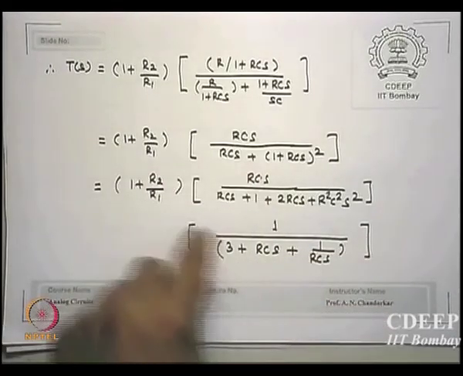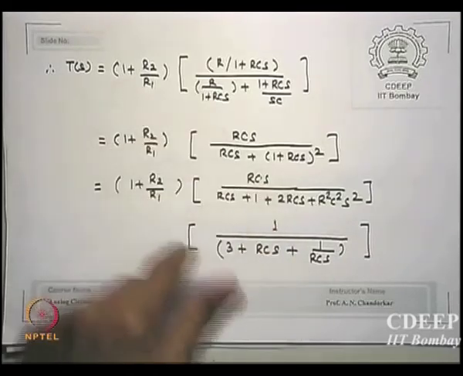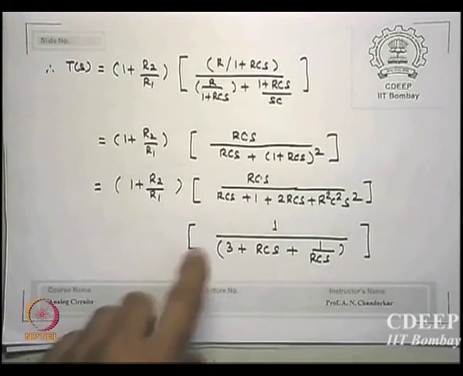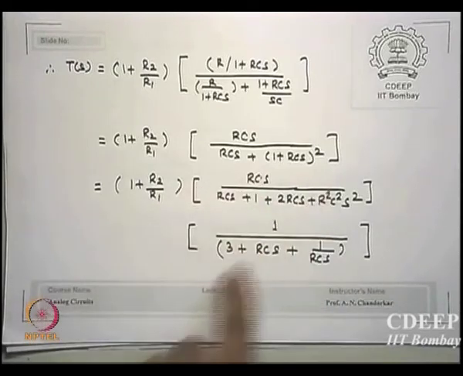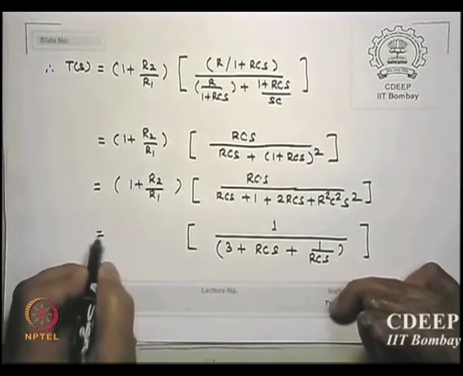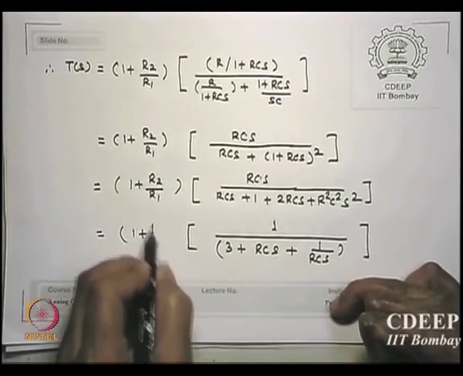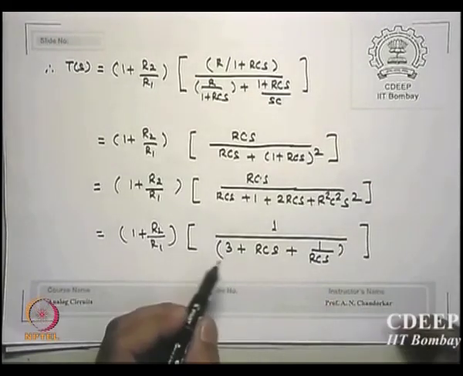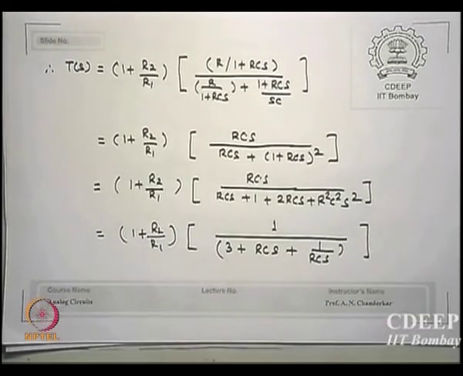Okay. So when I substituted all of this correctly, RCS to RCS, I get a term, and if I divide by RCS, I get, of course, sorry, that function is 1 upon 3 RCS plus 1 upon RCS. Very straightforward function is obtained.